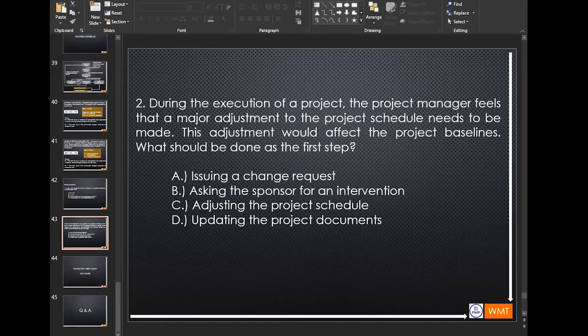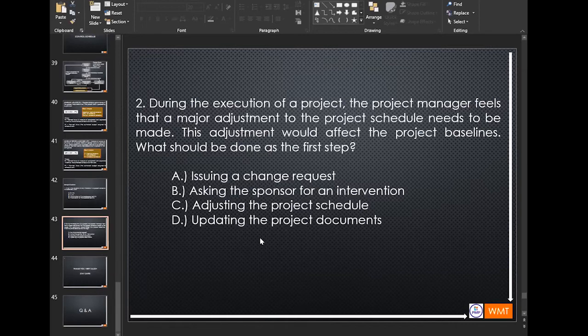Sir, B. So the answer is A. Once there's a word baseline, if there's a baseline, it needs a change request before you can change it.